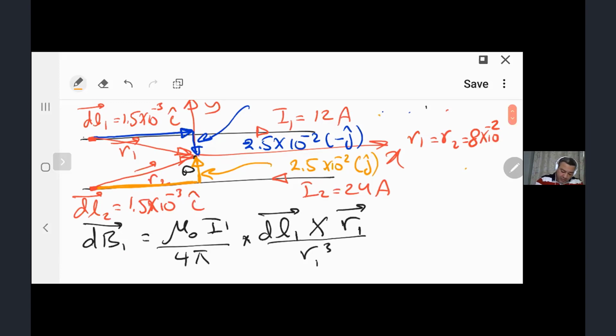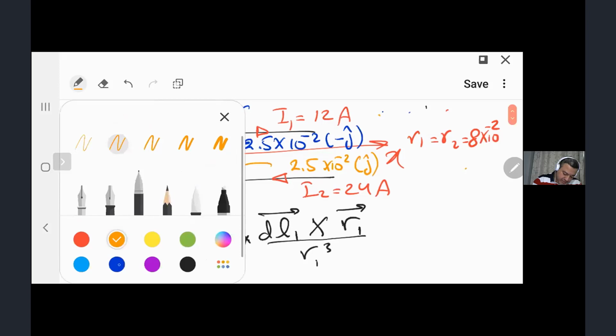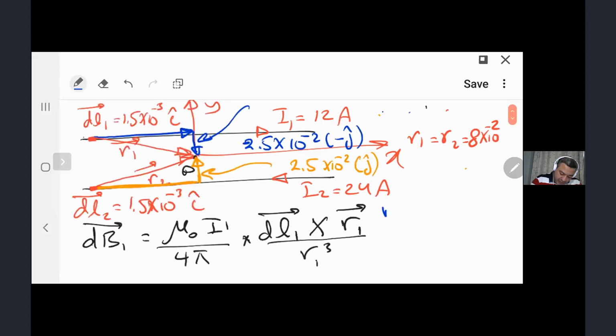That's it. So my R1, I will write in blue. R1 is x i hat minus 2.5 times 10 to the power minus 2 j hat.